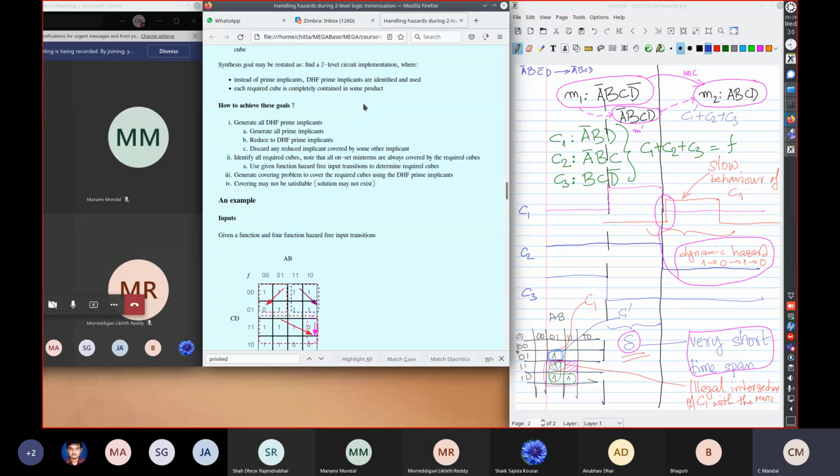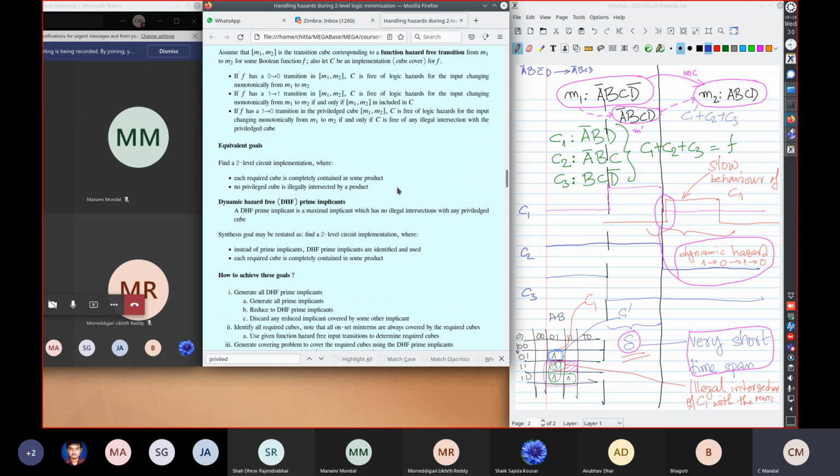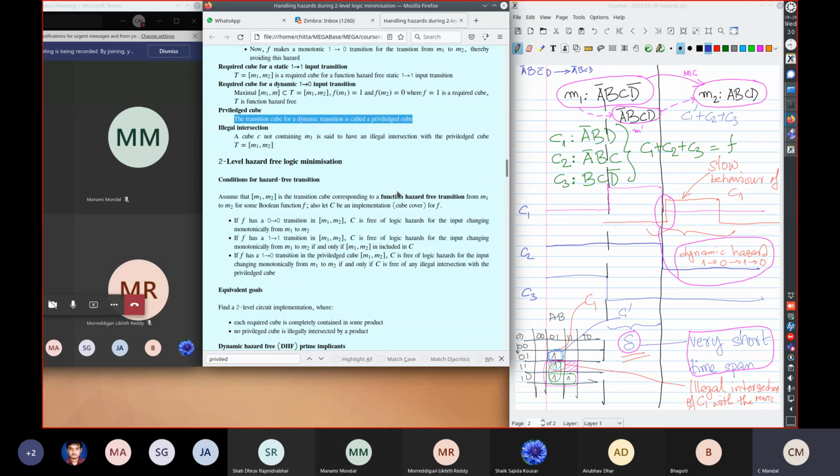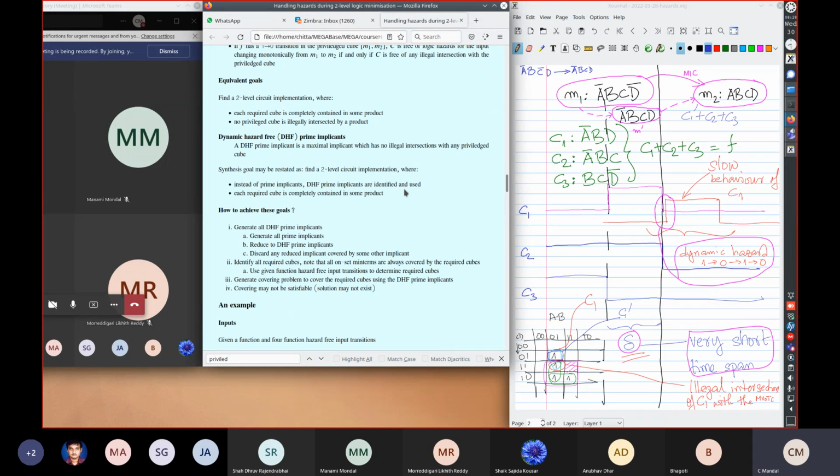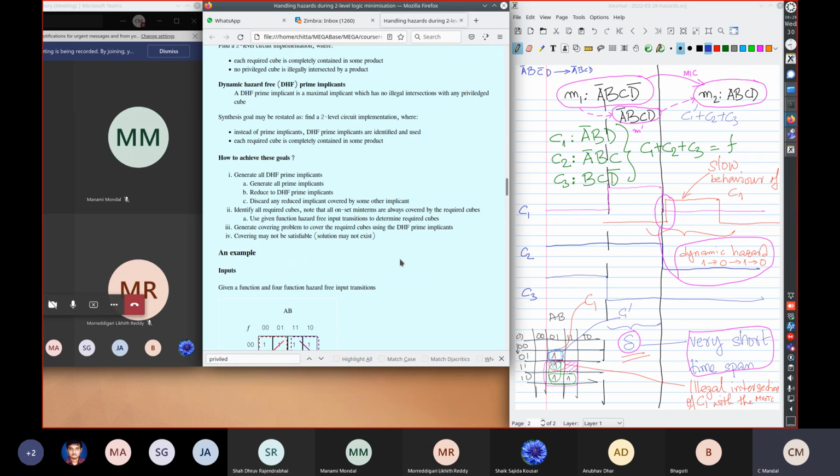And then for the one-on transitions, you want to cover some required cubes. You have to cover those required cubes also.